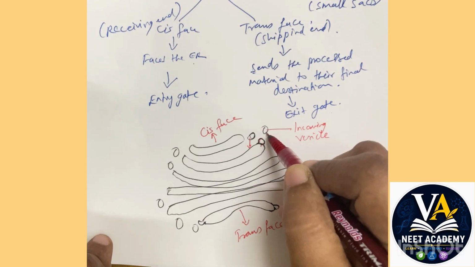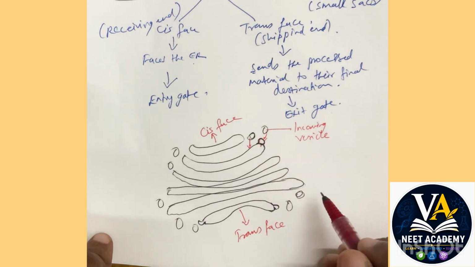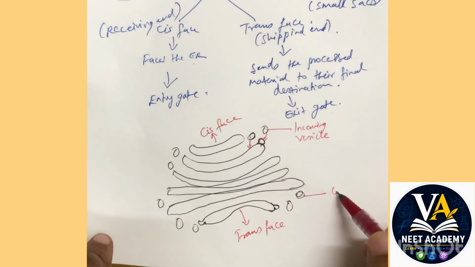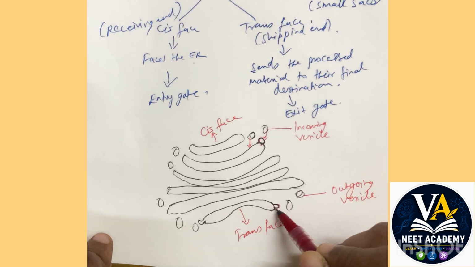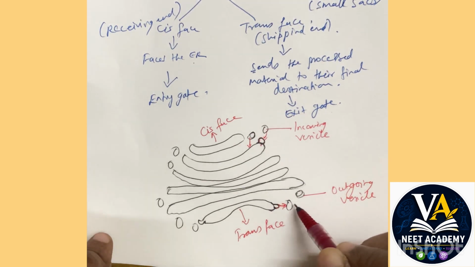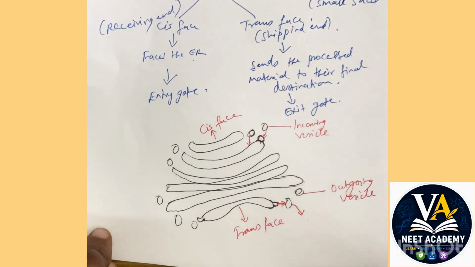You can see it is getting fused here. And this is the outgoing vesicle. You can see here, from here the vesicle gets popped out and gets out of the Golgi apparatus and is taken into the final destination.